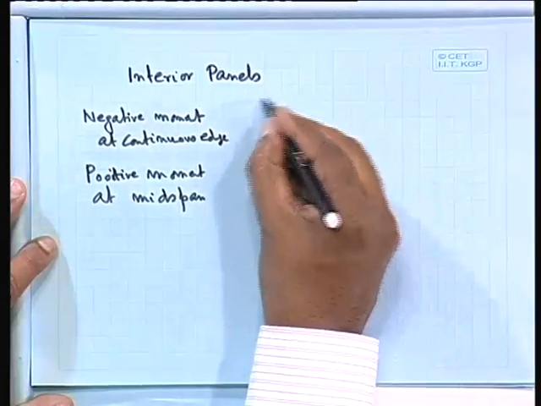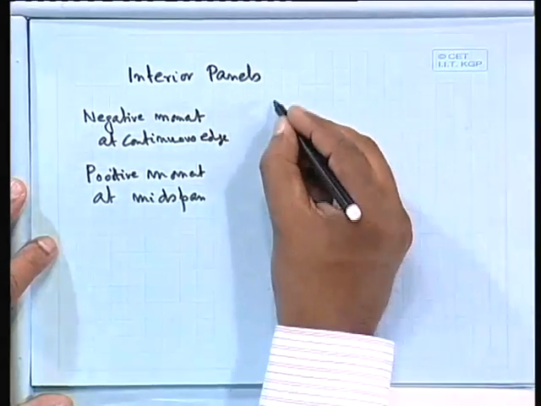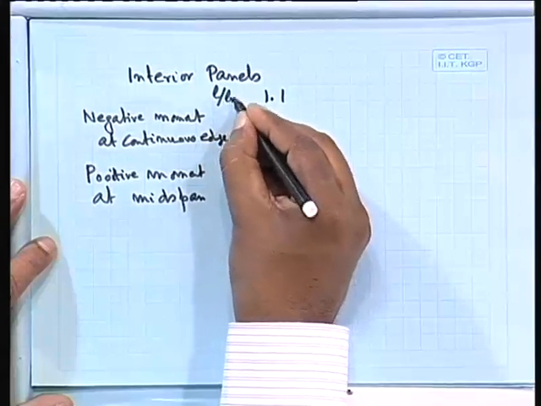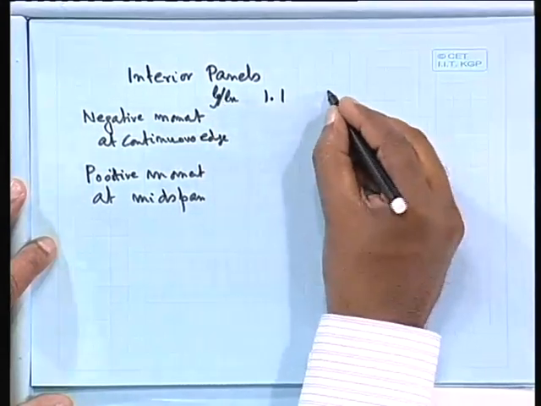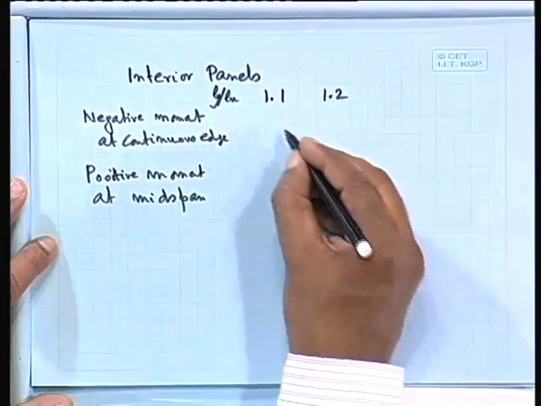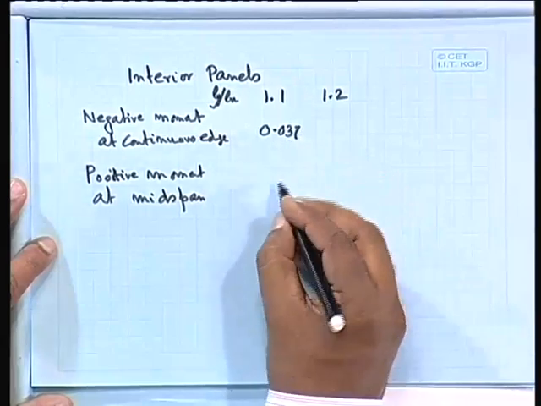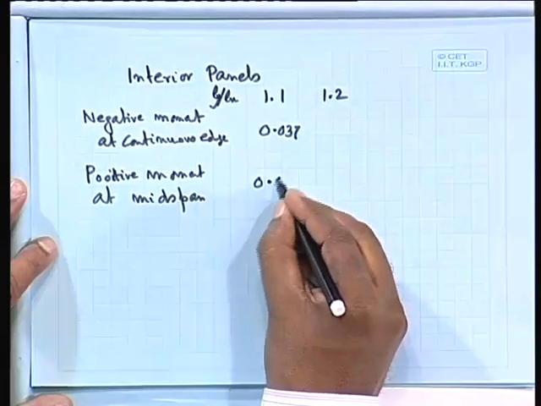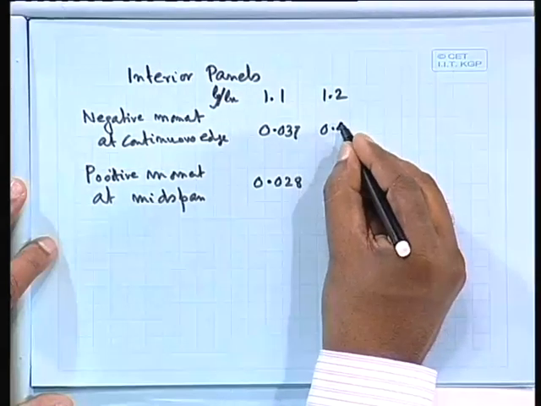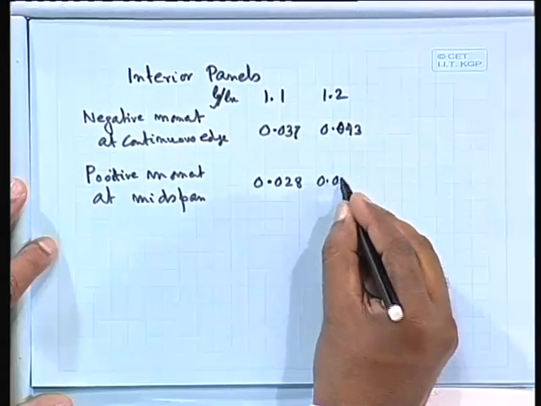So, you can get, say, it starts from 1.0, but let me write down here, say 1.1 Loi by Lx, okay, 1.1, 1.2, let us write down, and we are getting here 0.037, this one, 0.028, 0.043, 0.032.